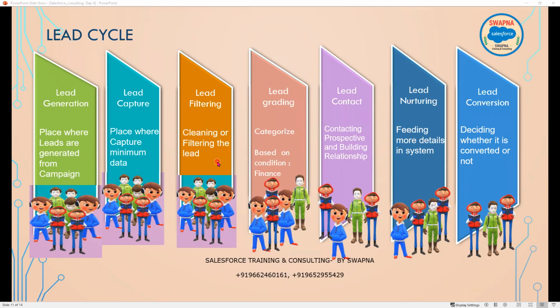HR people will come to know, so they will put options such as interested, really interested, minimum interested, or maybe eagerly waiting for the sessions. And you can say lead filtering is also suspect and prospect. Done taking the notes.